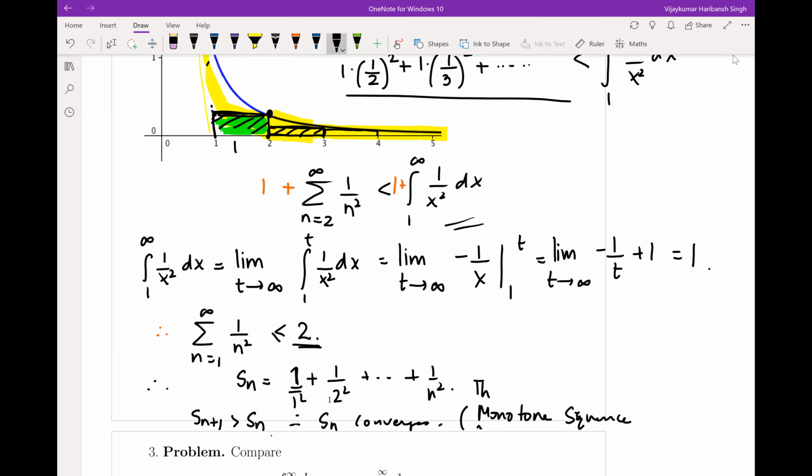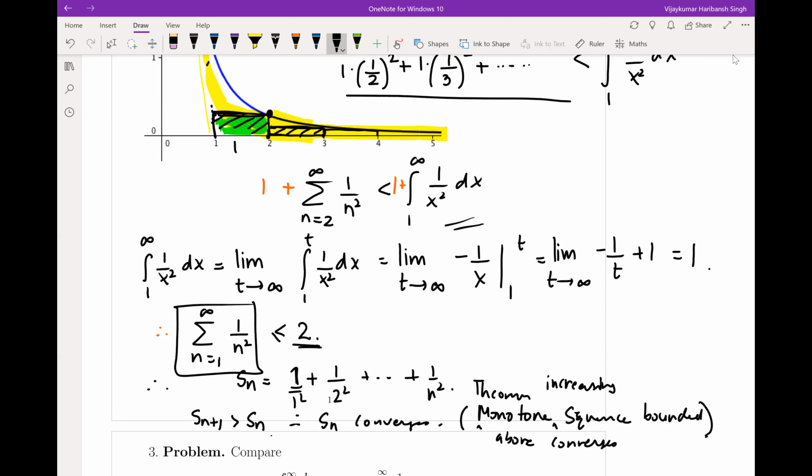By theorem 1, a monotone increasing sequence bounded above converges. So that's the idea. So therefore this series converges.